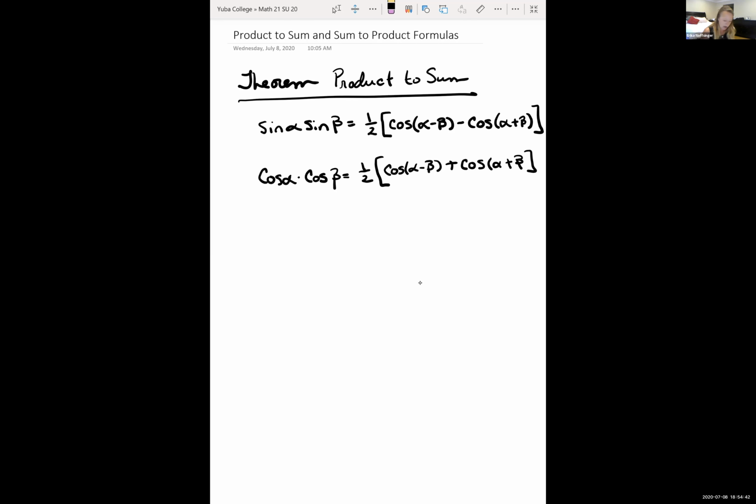And then if we have a combo, sine of alpha times cosine of beta, this is 1/2 times sine of alpha plus beta plus sine of alpha minus beta.